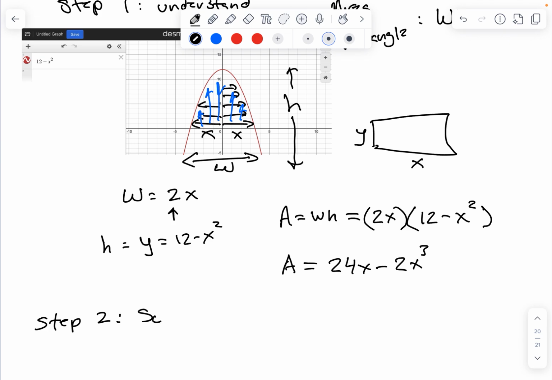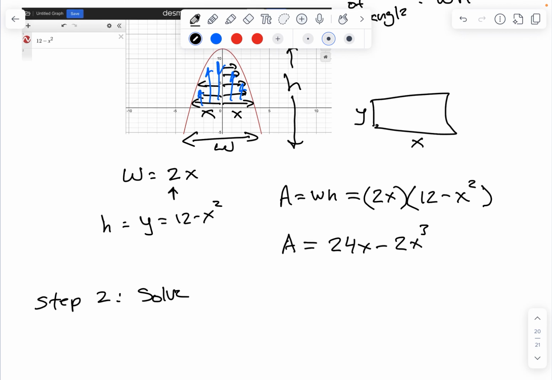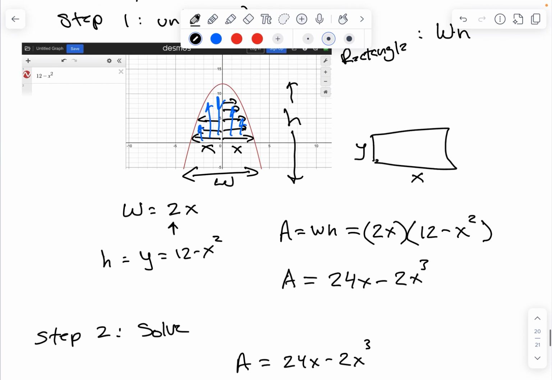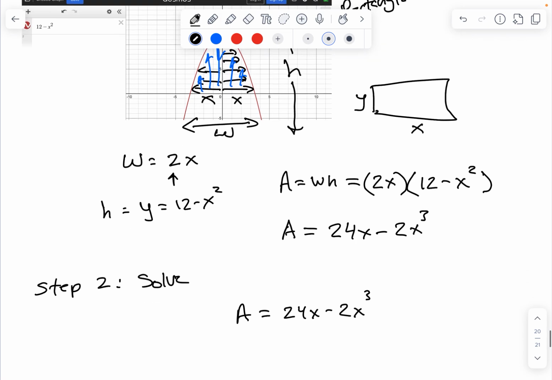becomes solve. Quite simple. So let's take the derivative of this, because we want to maximize the area, and the area changes. So there's a rate of change, and whenever there is a change, we take a derivative.